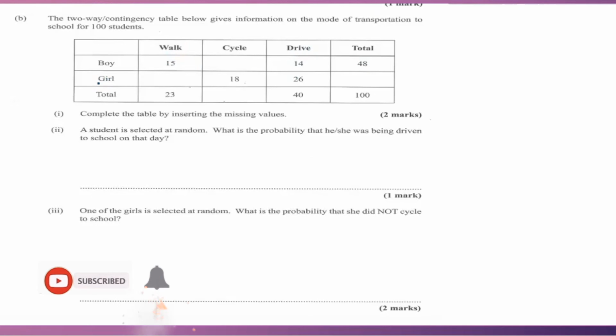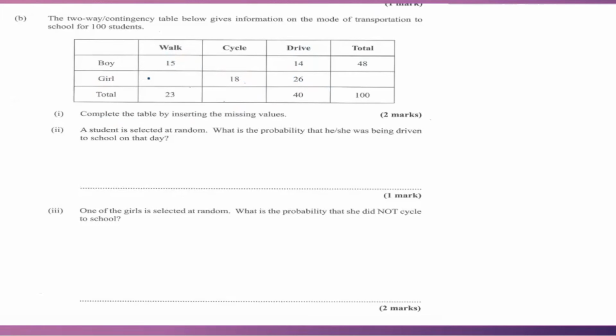And here for the girls, we have 18 students taking cycle, 26 taking a drive, but we don't have the total. We also want the total for the cycle. What can we do in order to complete the table by inserting the values?